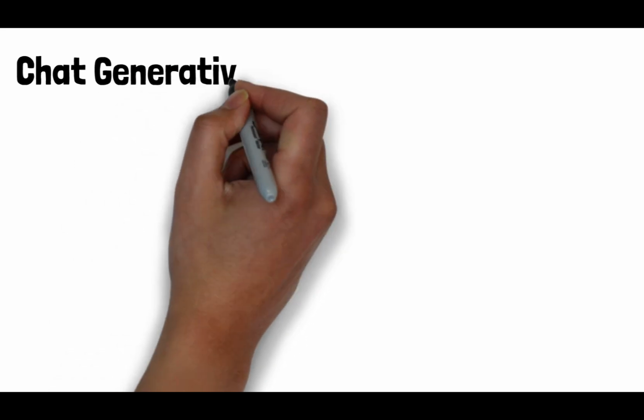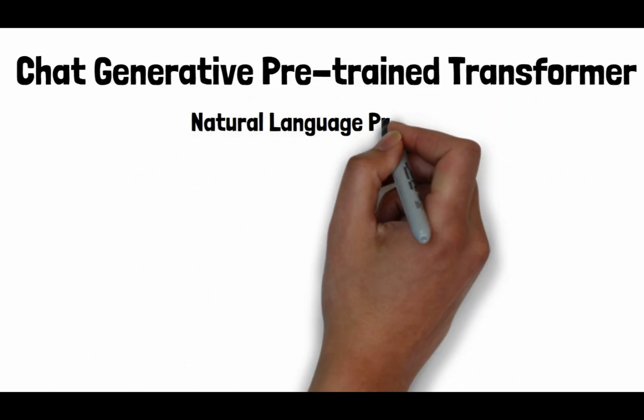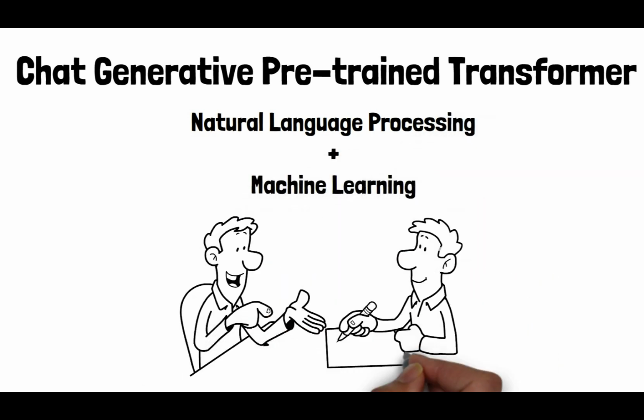Now, you might be wondering what exactly ChatGPT is. At a high level, ChatGPT, or Generative Pre-trained Transformer, is a type of natural language processing model that uses machine learning algorithms to generate human-like responses to a given input. As we've discussed in previous videos, machine learning models are built off of a plethora of training data pulled from the big data available in society.